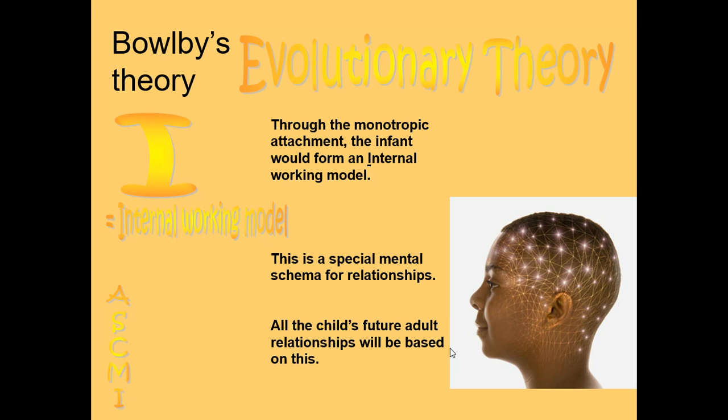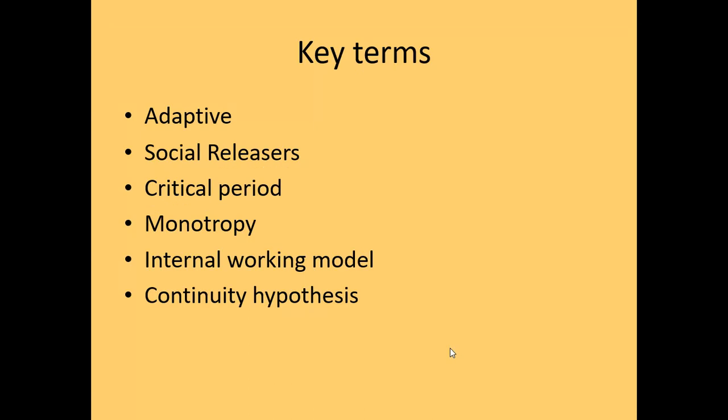And Bowlby suggested that with this internal working model, it then guides us later on in life when we form friendships and when we have relationships. They're all based on this internal working model, this experience that we have had of an attachment, of a relationship when we were younger. So Bowlby suggests that all of our future relationships are based on our internal working model, which is formed through our attachment with our monotropic caregiver in the first 2.5 years of our life. So that's your AO1, this adaptive, social releasers, critical period, monotropy, and internal working model.